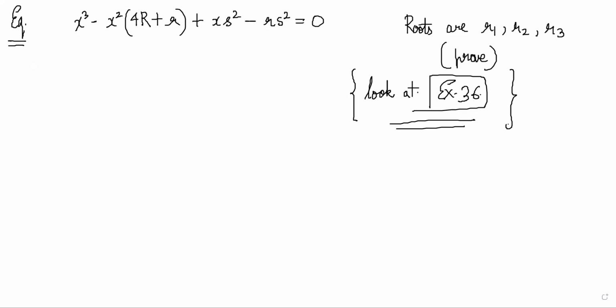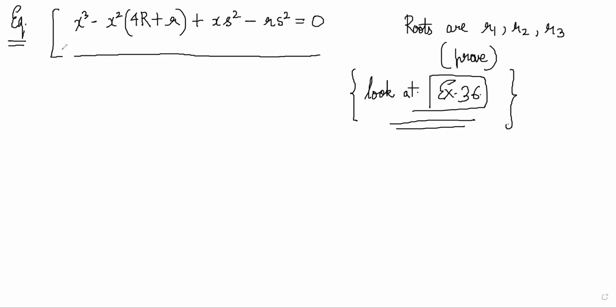How do you prove that an equation has certain roots?